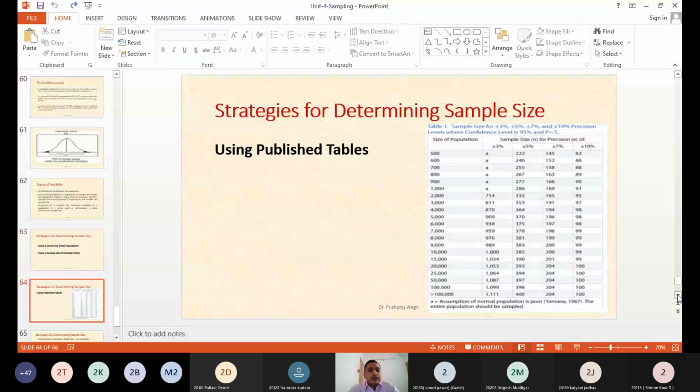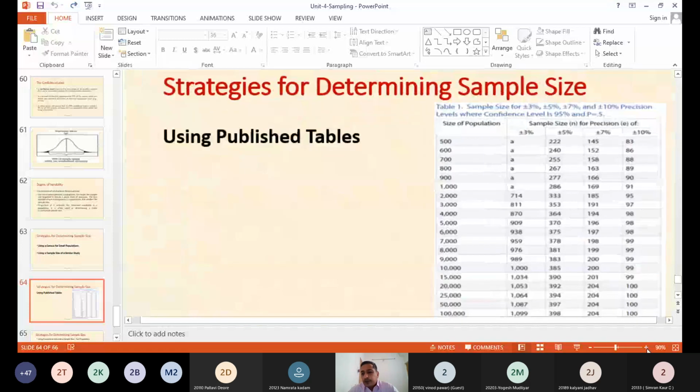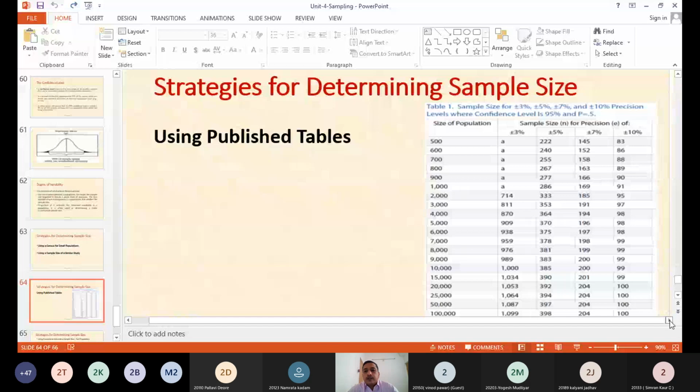Then the third strategy for determining the sample size is using published tables. In this published table, for example, you can see sample sizes given for particular sizes of population. This table has taken three criteria: the precision levels of plus or minus 3, plus or minus 5, plus or minus 7, plus or minus 10%.